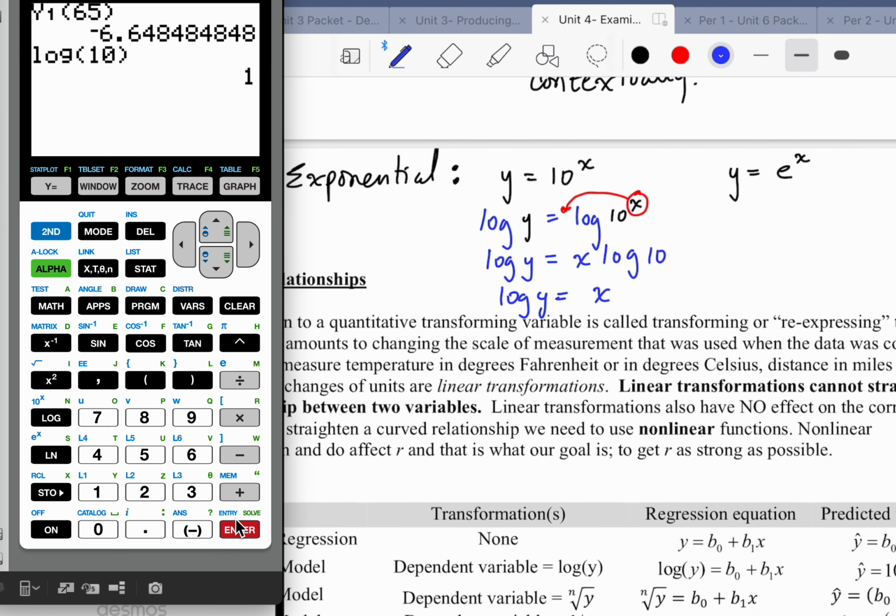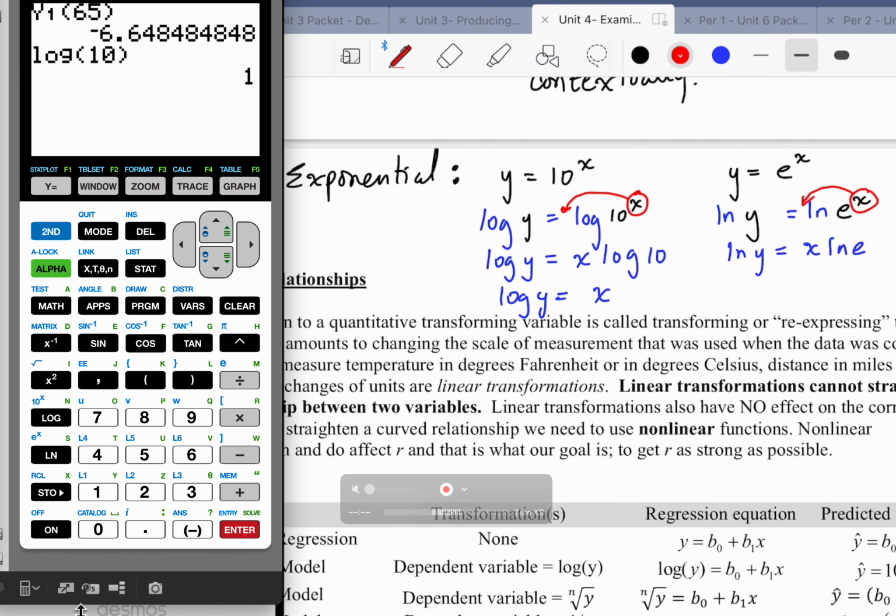All right. Same idea over here, where instead of a common log, I would take a natural log of both sides of the equation. Exponent jumps over to log like a frog. And we have natural log of y is equal to x ln e.